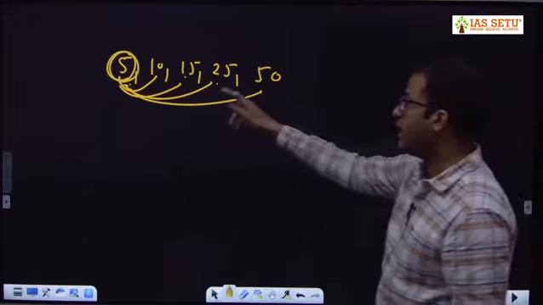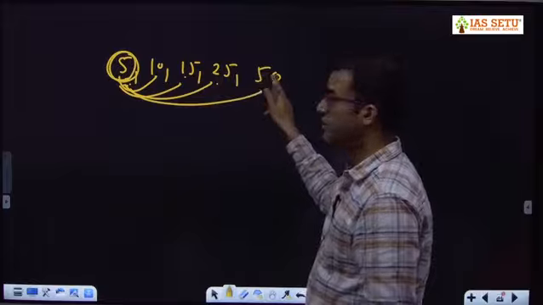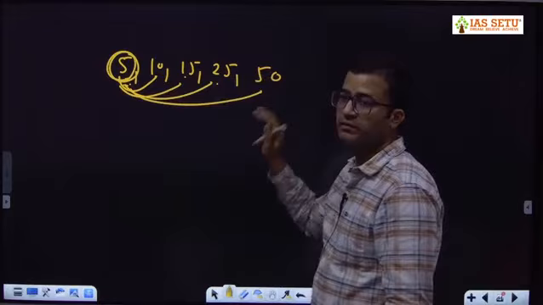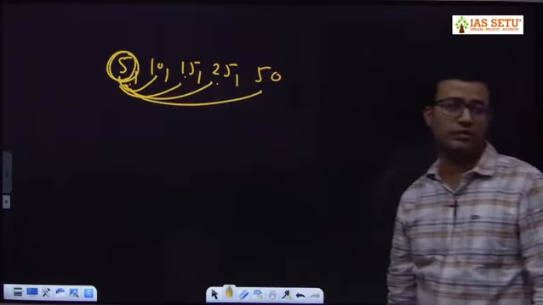Example 5, 10, 15, 25, 50. So HCF is 5 because 5 is a divisor of all the remaining numbers.